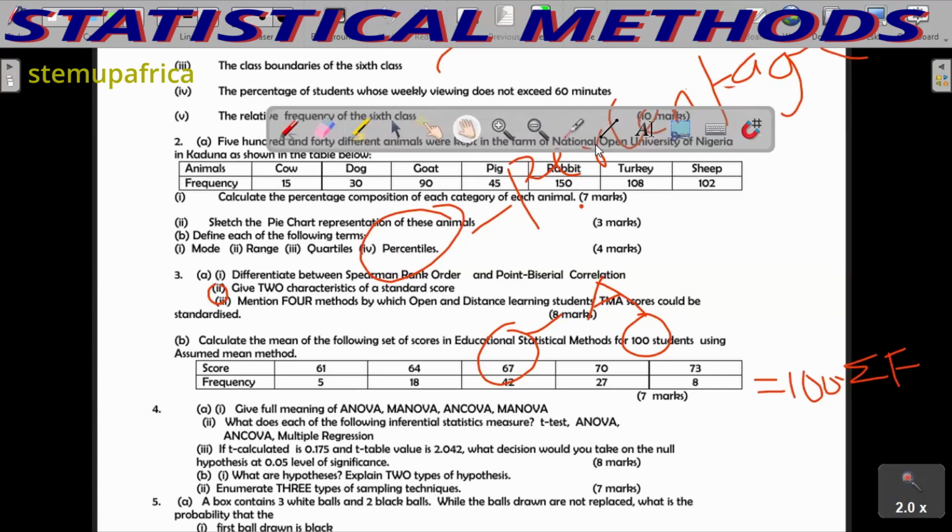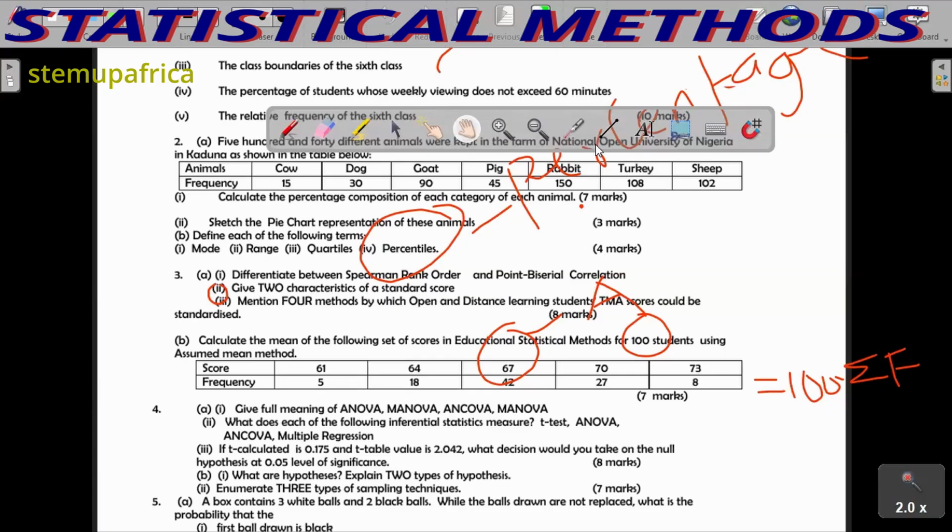No, sorry, it's not the ANOVA. We use t-test to test for inferential statistics.